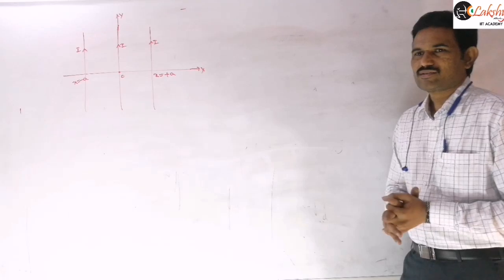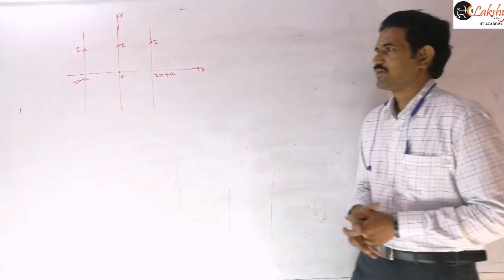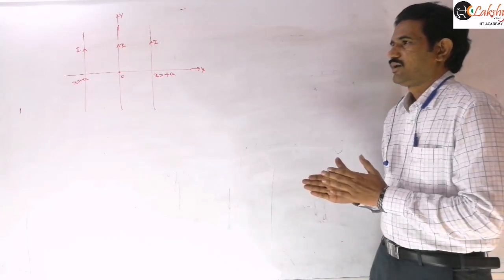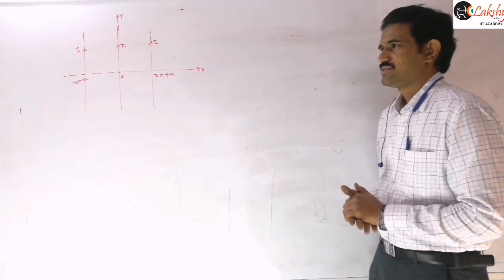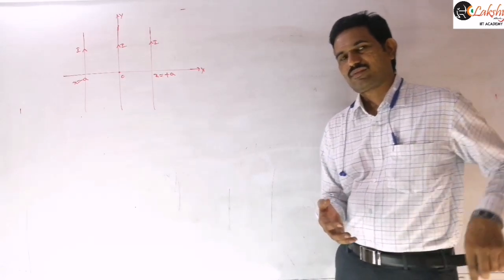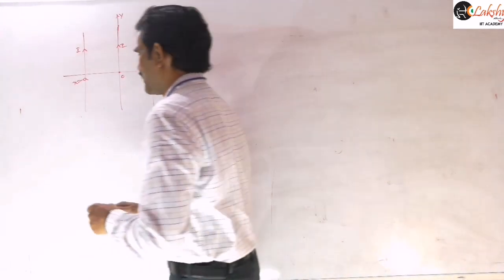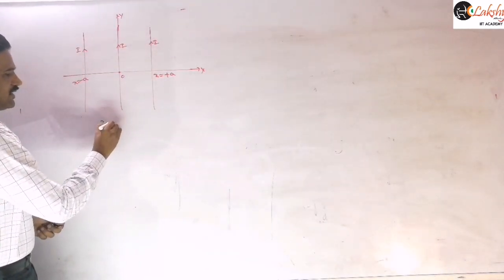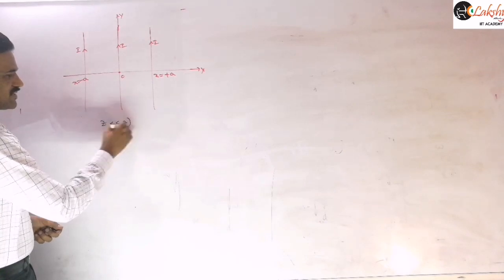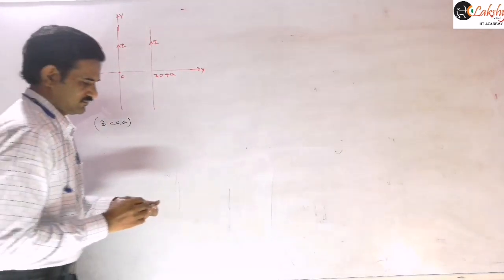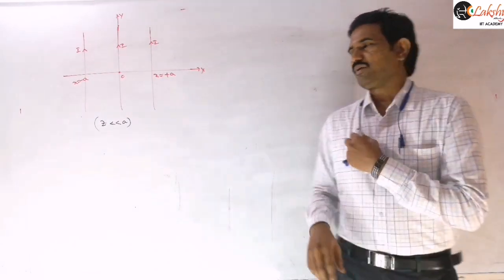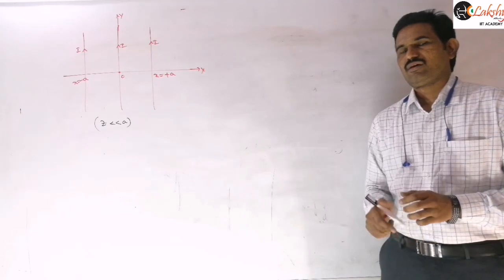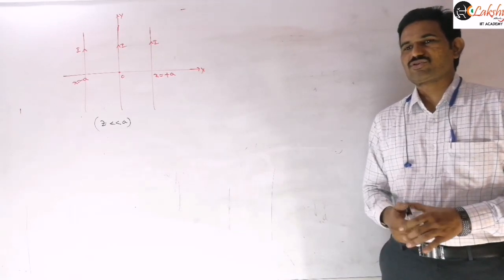And the next question B is: if the middle wire is displaced along the z axis by a small distance z, in bracket let us write this, z is very much less than a, by a small distance z and released, then find the time period of oscillation of this wire.